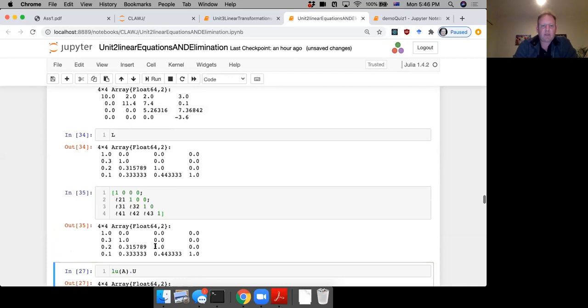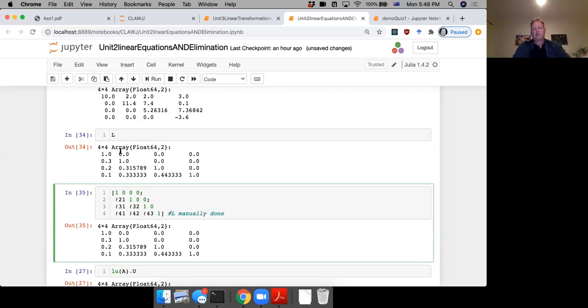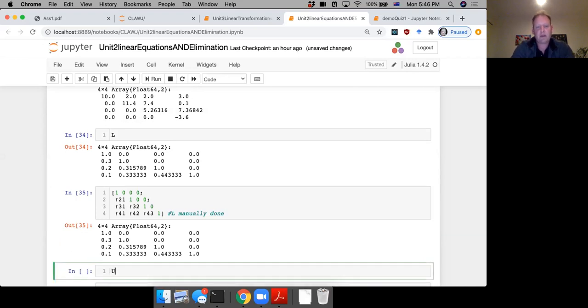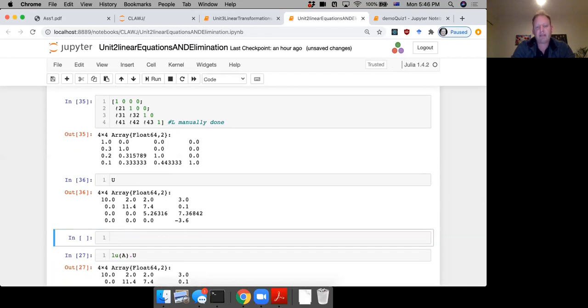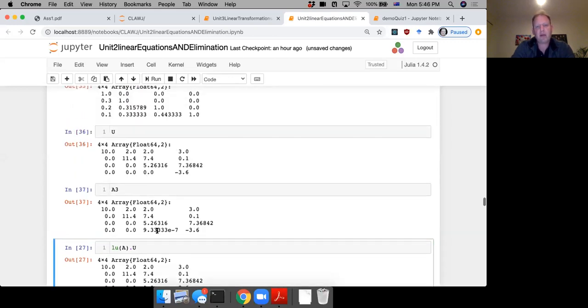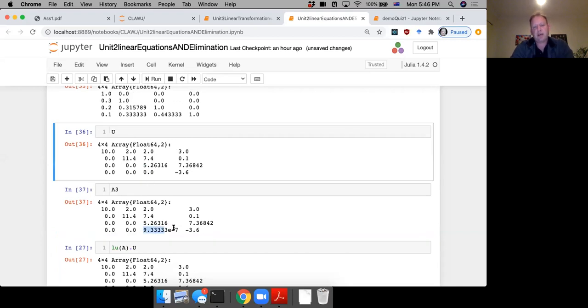Same guy. So this is our manual construction of L. Now, if you look at the matrix U, it is this guy, which is our upper triangular matrix. And if we look at the one we got, which we called A3, that was our U, same guy. Well, Julia's LU managed to see that this 10 to the minus 7 entry was actually a 0, and Julia's one is smarter, better. It did things better than what we did.